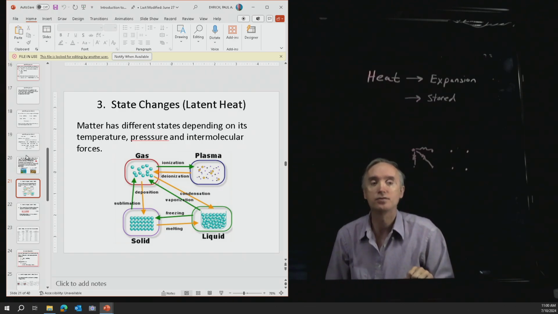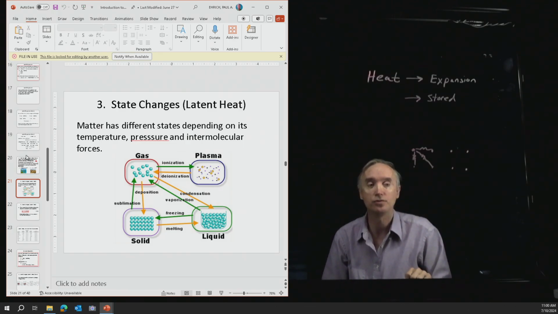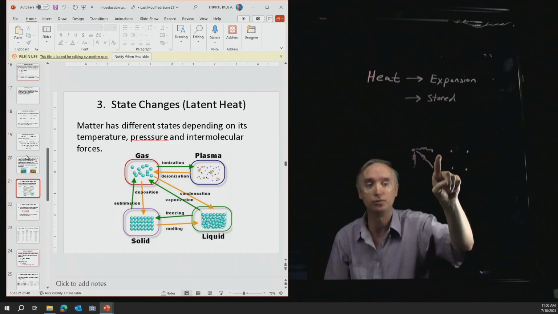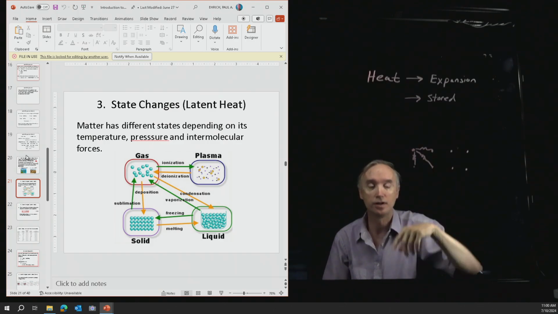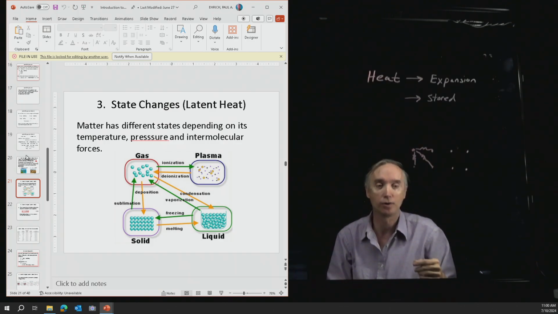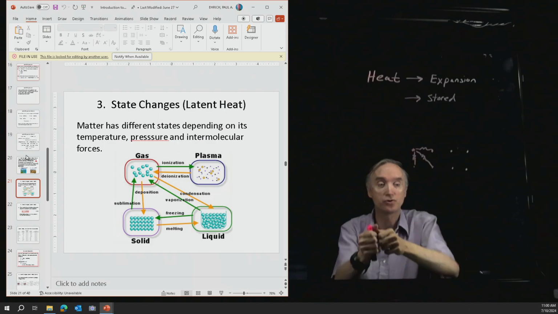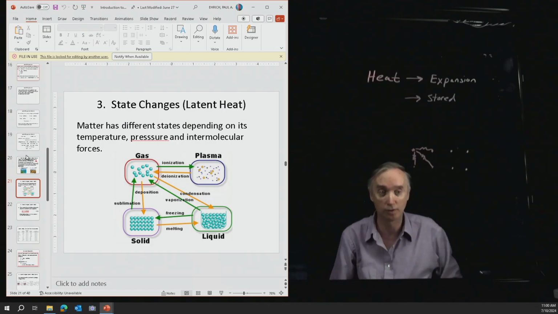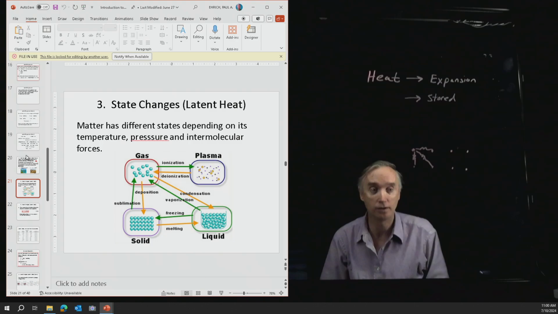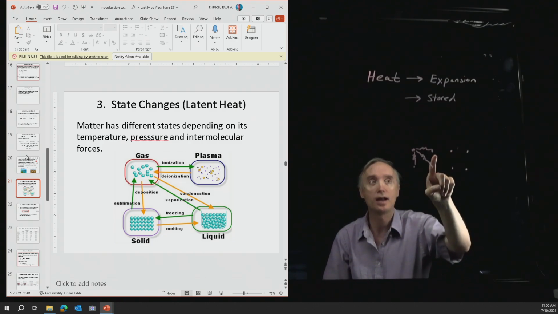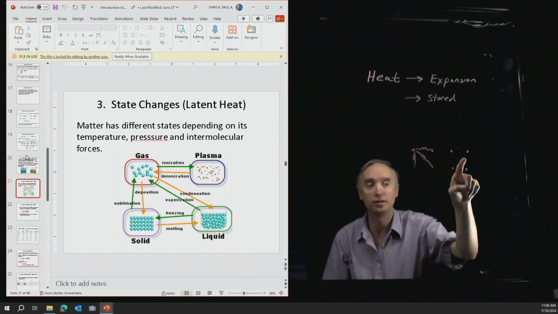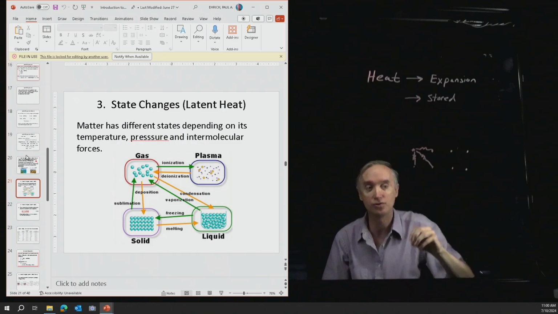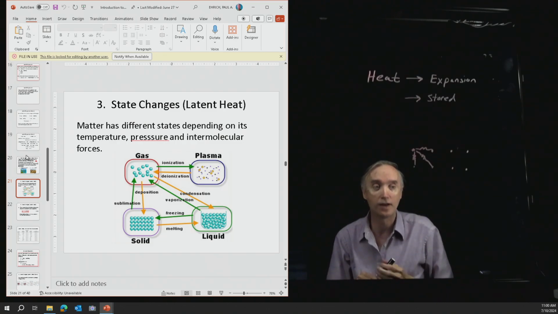So what do you think is going to happen if you put too much heat into the solid? In other words, what would happen if you've got a rubber band and you stretch it too much? You put too much energy into that rubber band, well, it's going to break. So what's eventually going to happen is that this solid is going to start to break down into clumps of atoms that are still being held together.